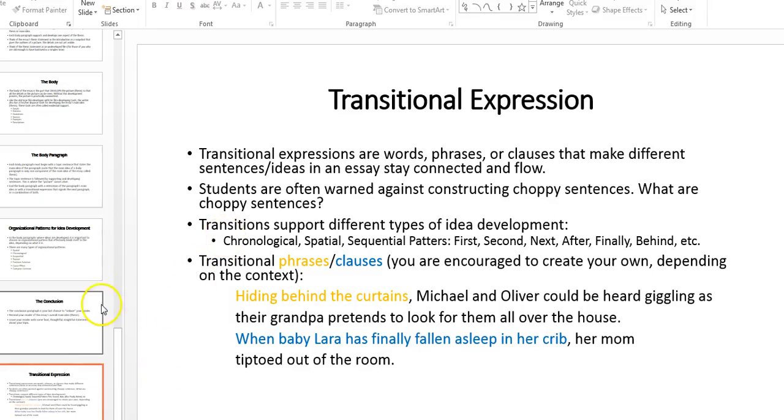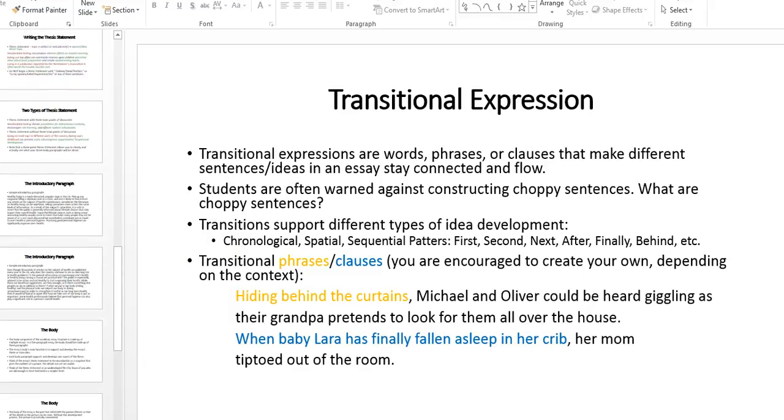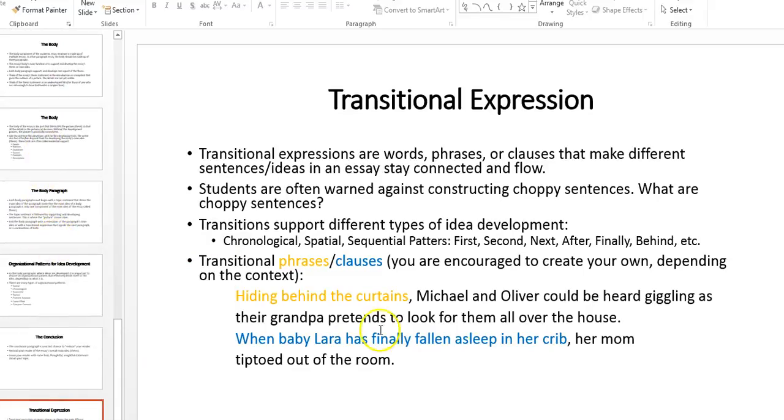All right. And also throughout the entire composition, the writing, make sure that you use transitional expressions. Make sure that you connect one idea to the next, one sentence to the next by using signal phrases or signal clauses to tie them together because you don't want your reading to sound choppy. Right? Just think about the word choppy. Choppy is derived from chop, right?